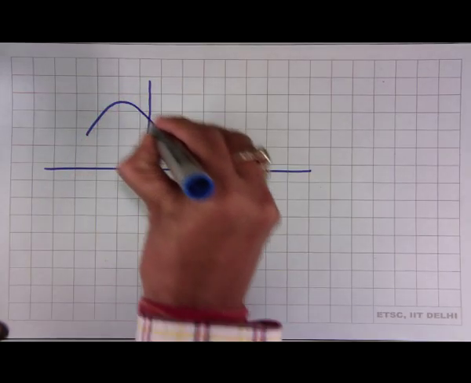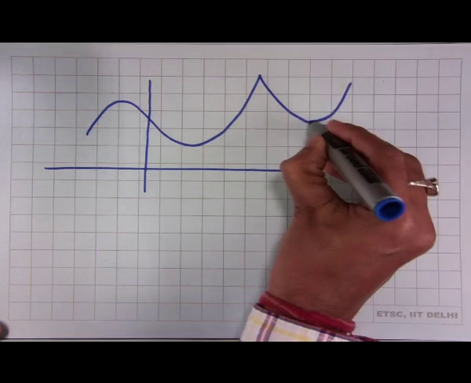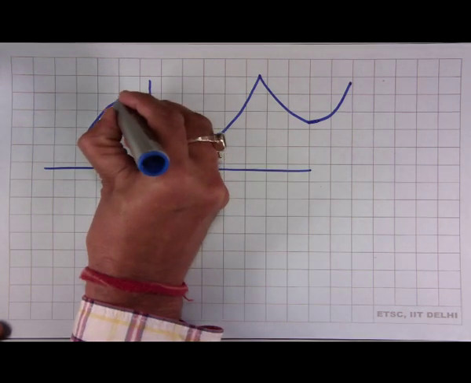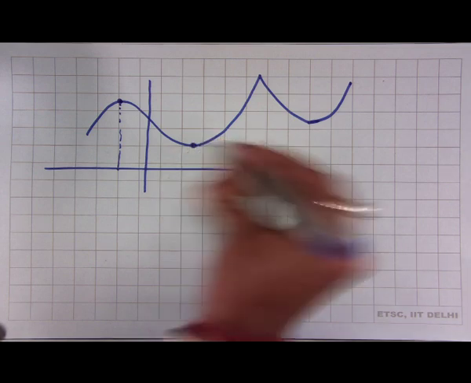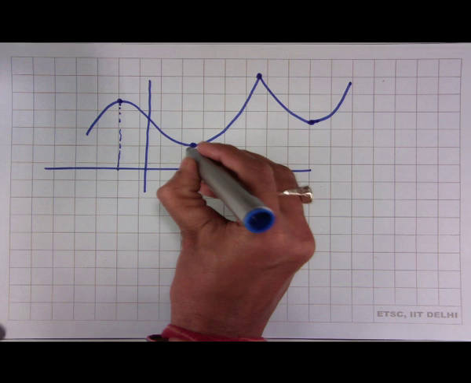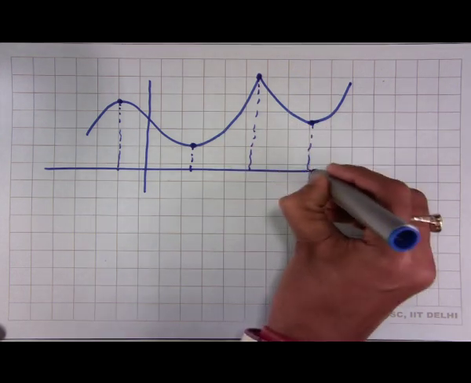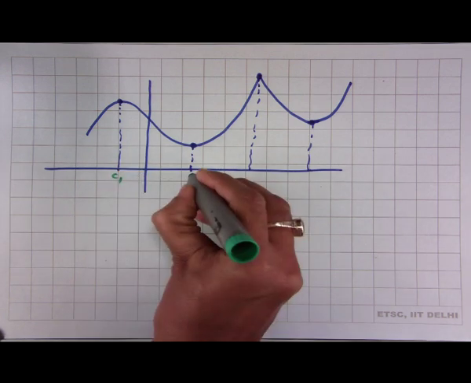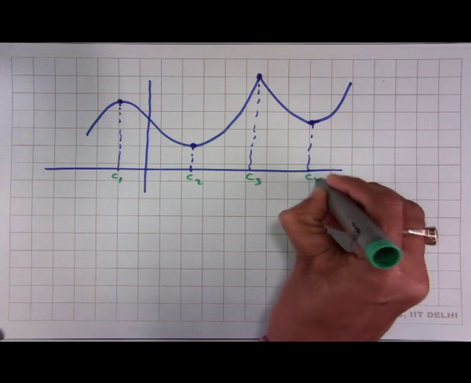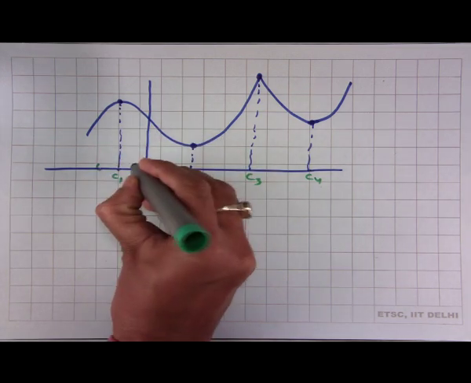So, for example, if we look at this function, let us look at these 4 points. We call these points C1, C2, C3, C4.